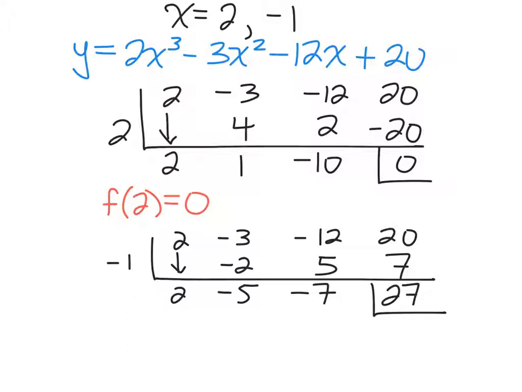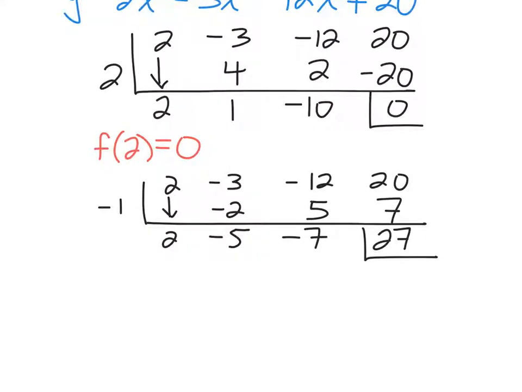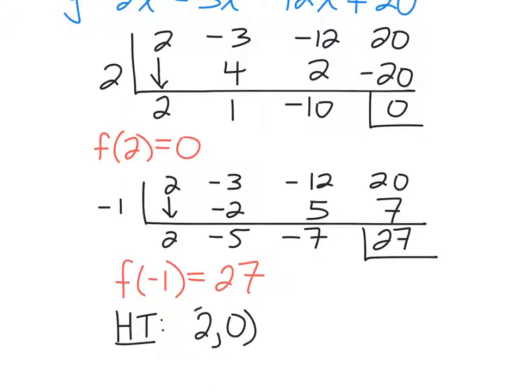Barring any catastrophic error, it's a weird number so I'll double check in a second, but I'm getting f of -1 equals 27. So I have horizontal tangents at the coordinates (2, 0) and (-1, 27).